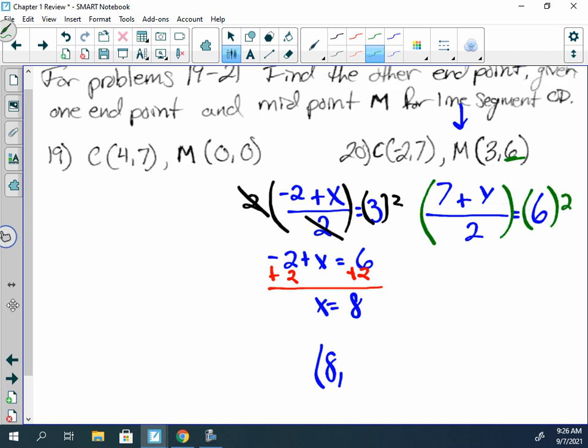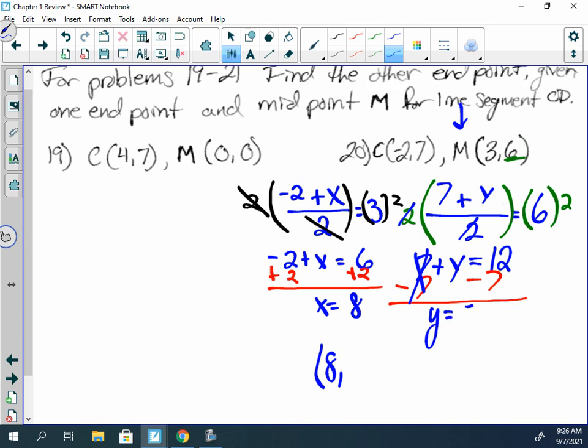And then we're going to multiply both sides by 2, because these will cancel, leaving us with 7 plus y is equal to 12. Minus 7 from both sides to get the variable by itself, because these would cancel. So the other endpoint is the point 8, 5.